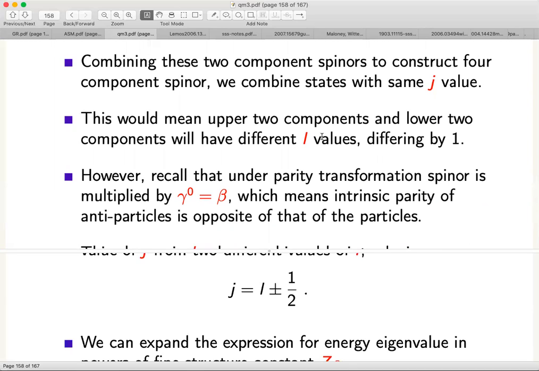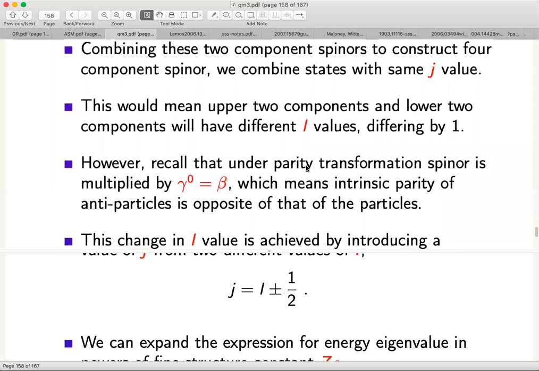But if you choose them to have the same j value, they would differ by 1 in their orbital angular momentum value. So the parity of the upper component is different from the parity of the lower component.